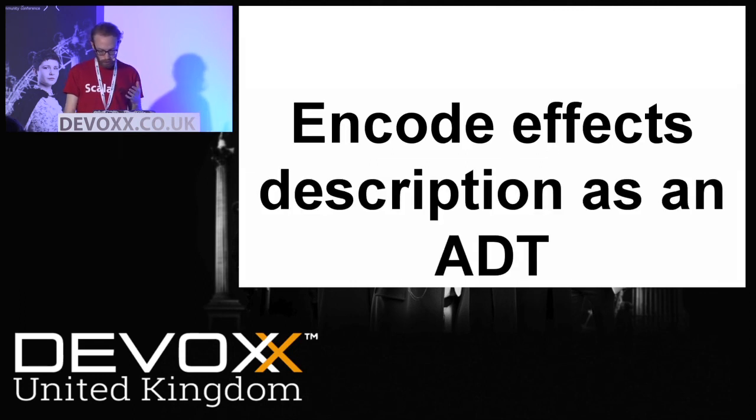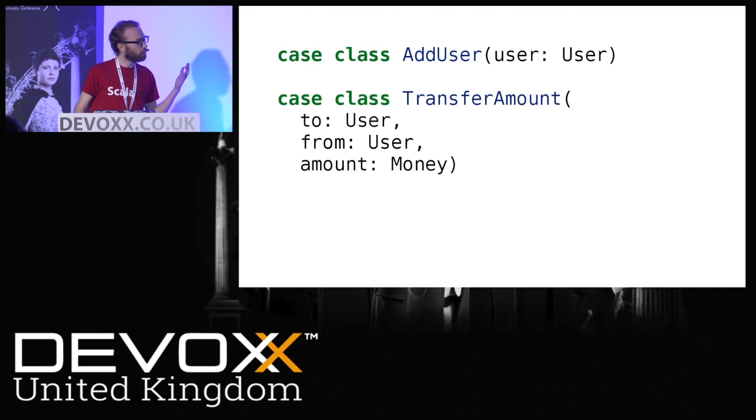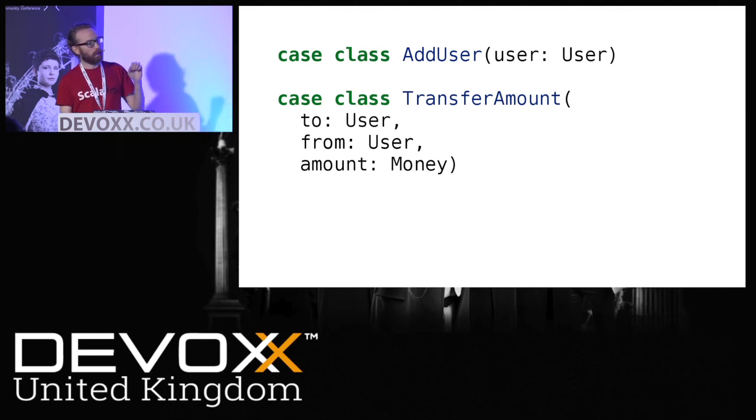So, for instance, you could have an add user case class saying, provided you have this user, please insert it in the database. Or instead of just moving money around, you issue an instance of transfer amount, and give the two users and the money.